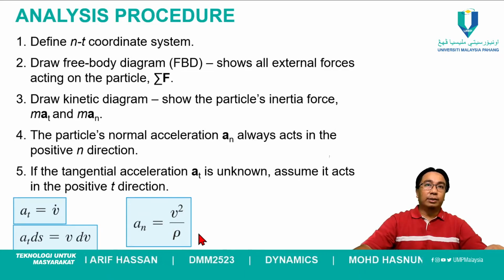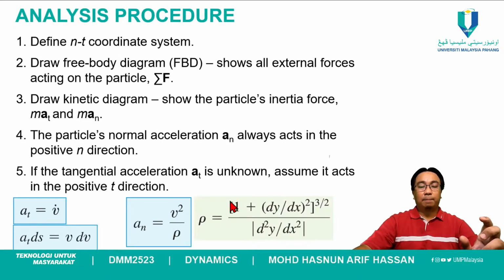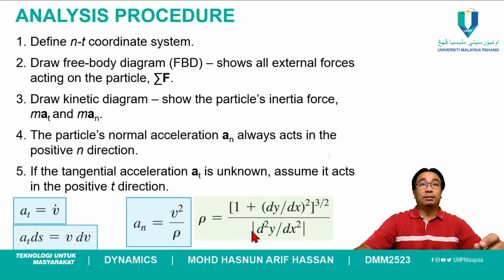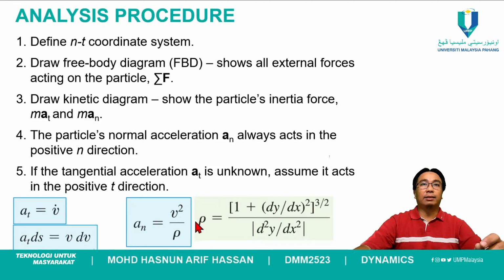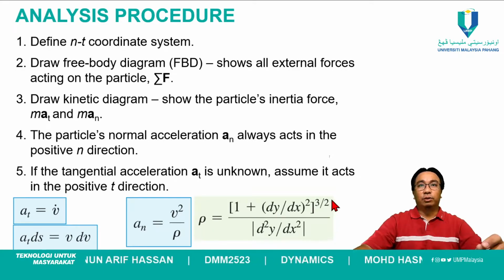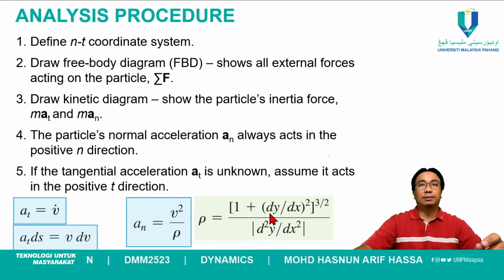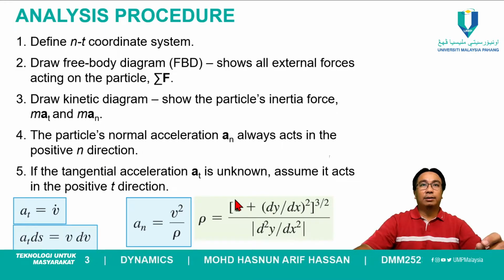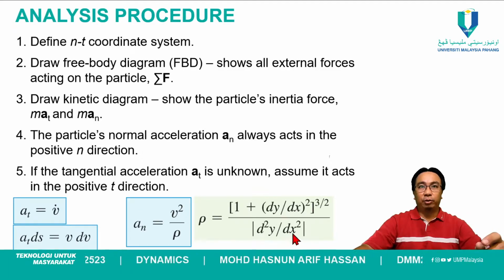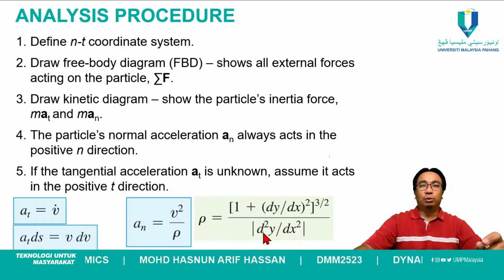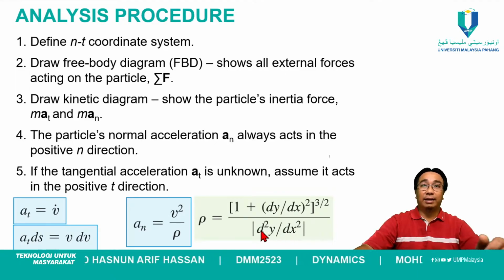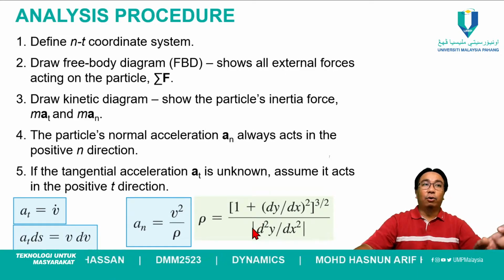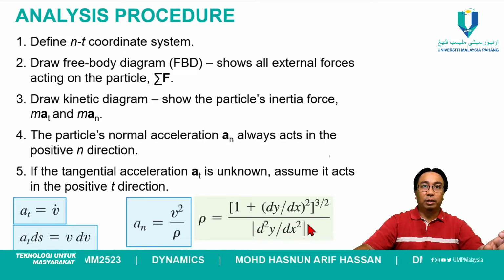And if rho is unknown, and if the function of the path is given, then we can calculate the value of rho, which is equal to this formula: 1 plus dy/dx squared, this whole thing to the power of 3/2, divided by the modulus of d2y/dx squared. Modulus here means that if you get d2y/dx squared negative, then you can ignore the negative sign because you have the modulus symbol here.